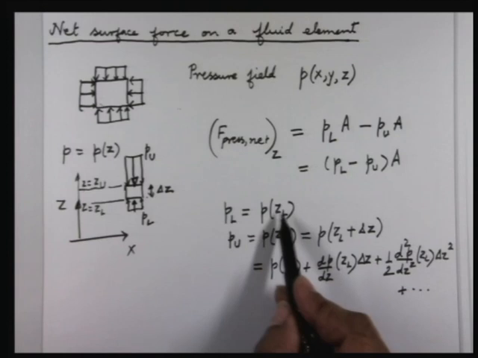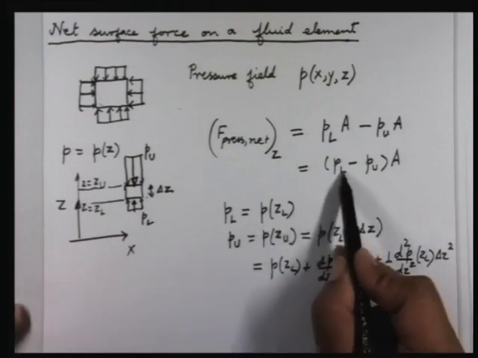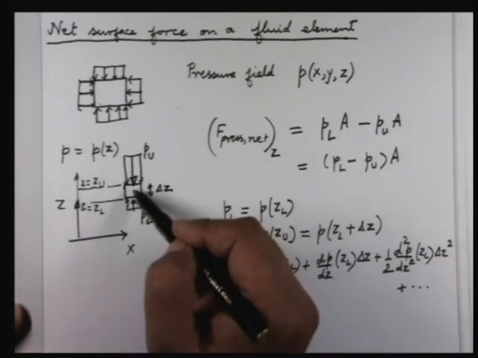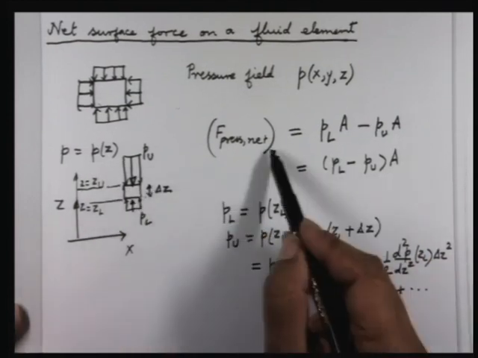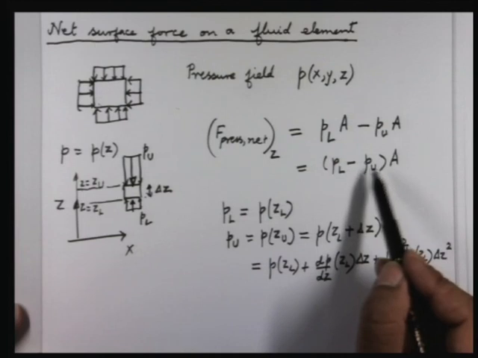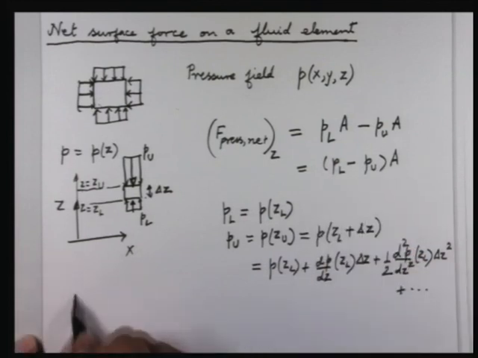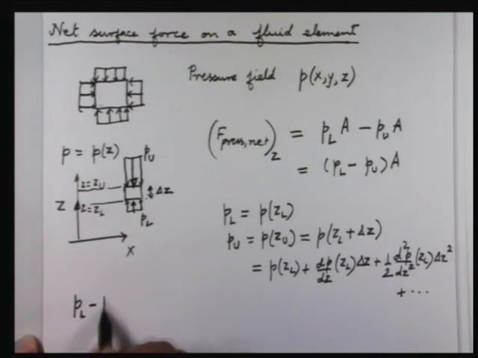Okay. Now you note that this first term on the right hand side is nothing but PL, what I wrote over here. So here the net force is the difference in the pressure into the area. The area of these two faces is the same. So net force is there if there is a difference of pressure. If the pressure is not varying, then the net force is 0. So what is PL minus PU? This multiplied by the area will give you the net force.